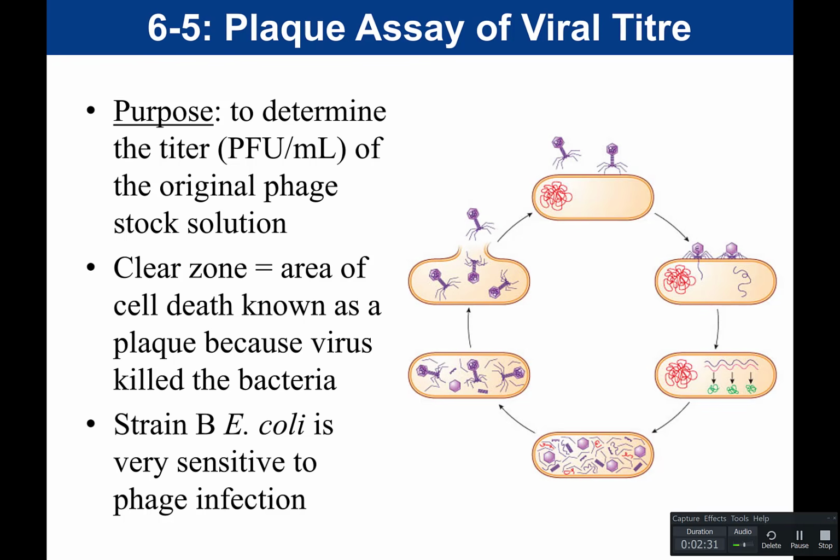That clear zone is because the virus has infected the bacteria and killed the bacteria, causing the bacteria to lyse. So that clear zone is a region where the bacteria is no longer living. The phage had infected that bacteria and then caused that bacteria to lyse, and that's what resulted in those clear zones, or these plaques on our plate. You want to know that the strain B E. coli was used because it's very sensitive to phage infection.